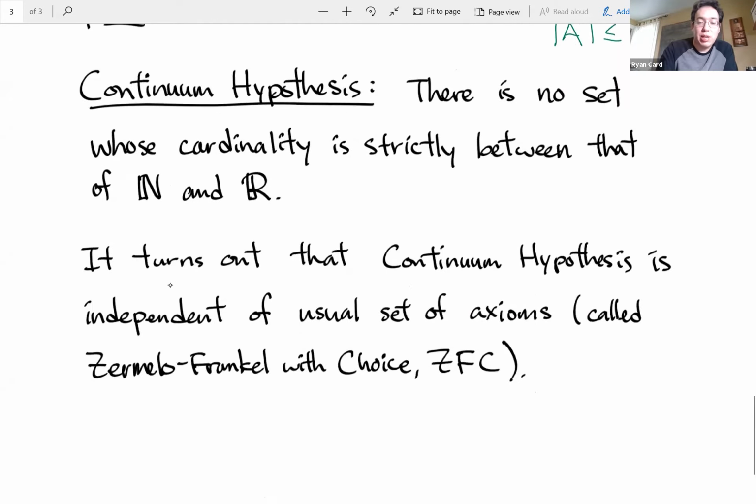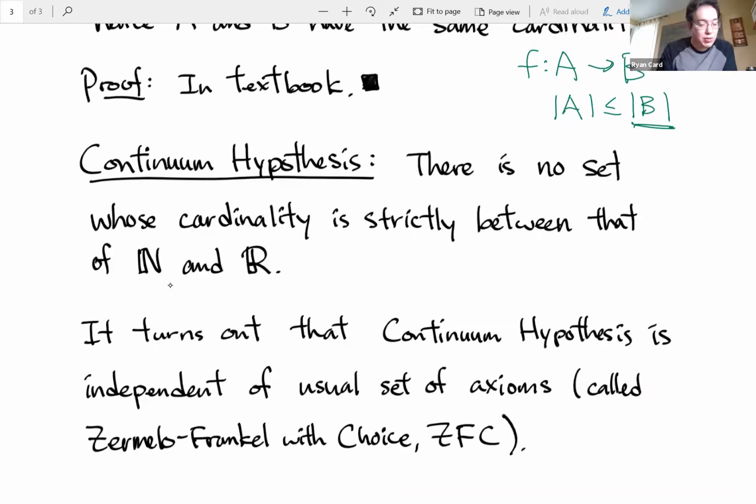So it's very natural to ask, well, if a countable set is the smallest type of infinity there is, and the real numbers are a bigger size of infinity, is there a size strictly in between the natural numbers and the real numbers? We know that integers and rational numbers are all the same size as the natural numbers, and any continuum interval, like from 0 to 1, has the same size as the real numbers. Is there a size in between?